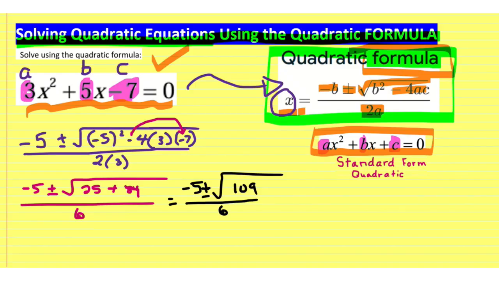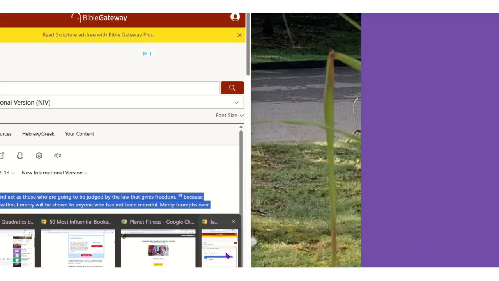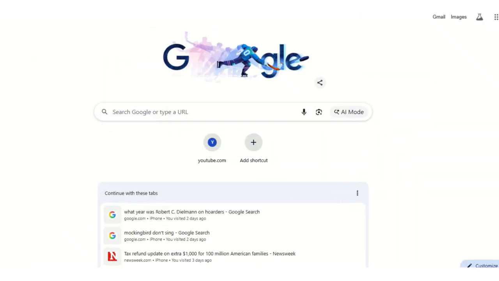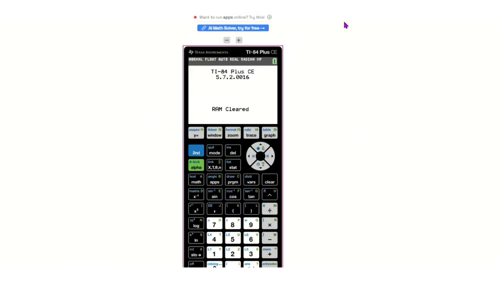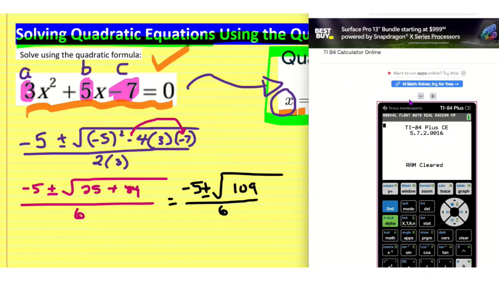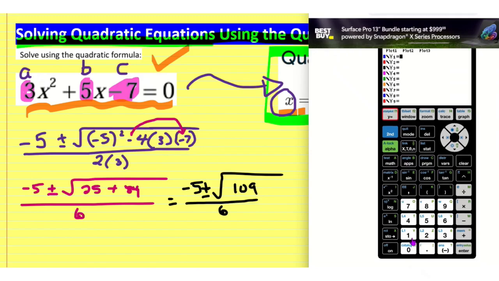Okay, so we need to see if we can find factor pairs of 109. So let's find a calculator here. Okay, there's my calculator. So 109, I need to know what fits into 109. So I can go over here to y equals on my TI-84, and I'm going to put 109 divided by x. And then I'm going to go to my second table of points.